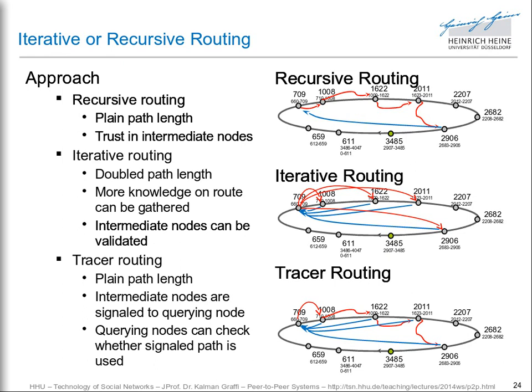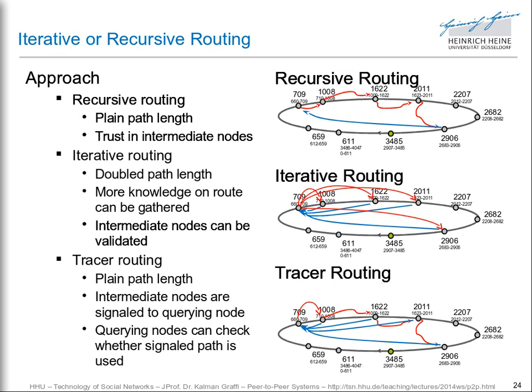The shortcoming is that the path length is doubled, but we have more knowledge of the route because we contacted several nodes, and the intermediate nodes can be validated. So we contact every intermediate node to ask which is the next hop.